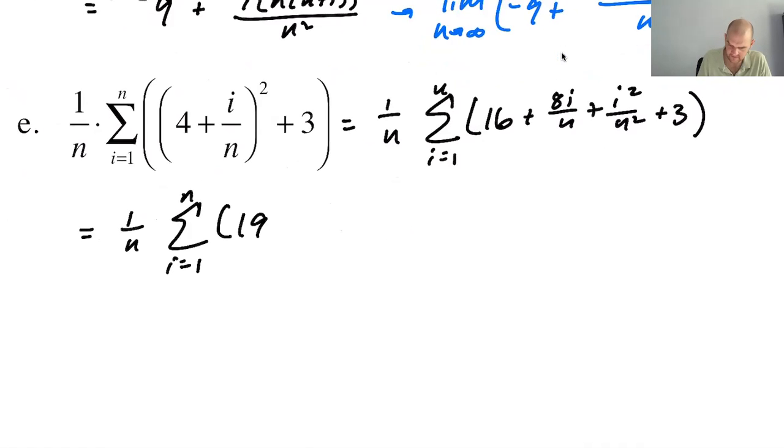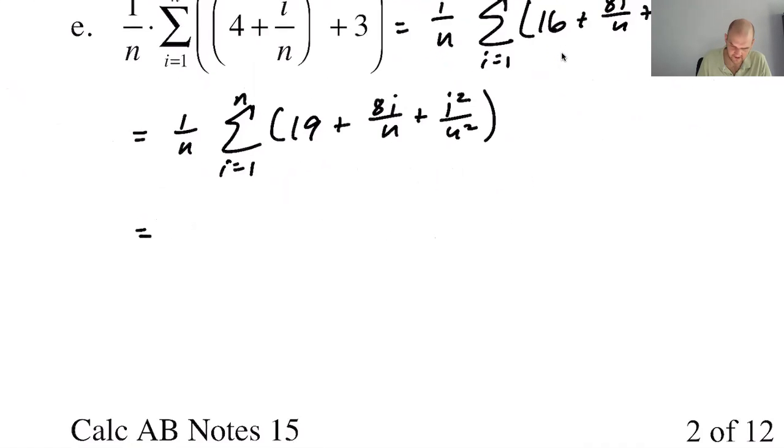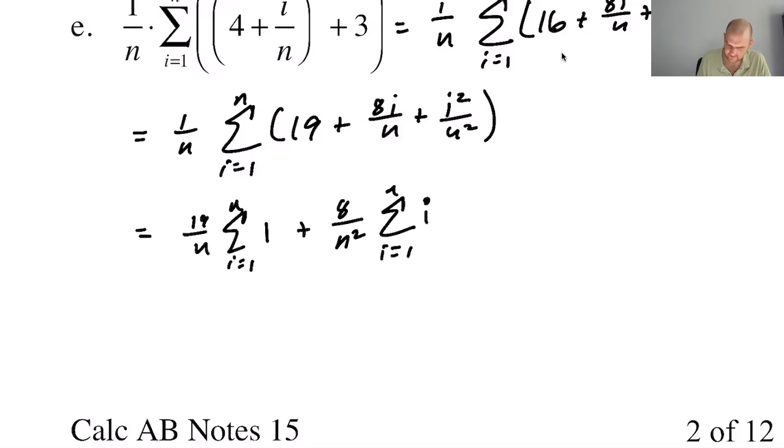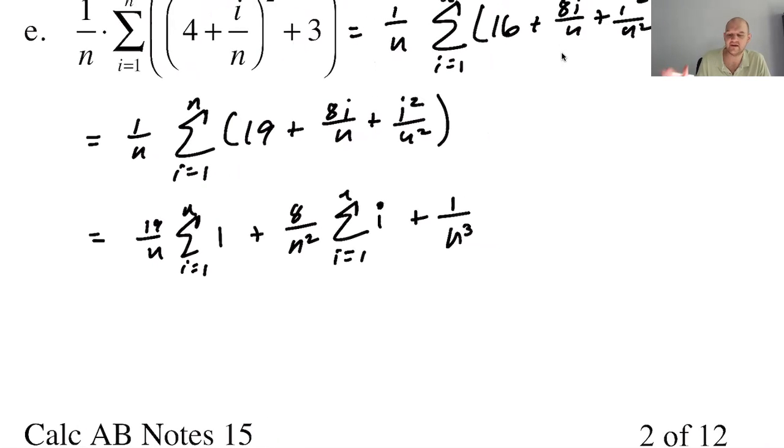So it's going to be 19, and then we just have 8i over n plus i squared over n squared.